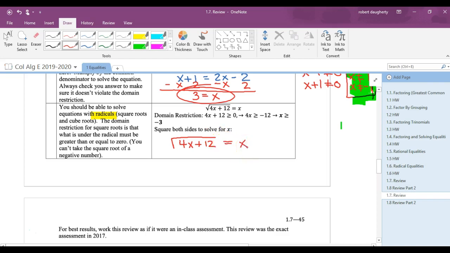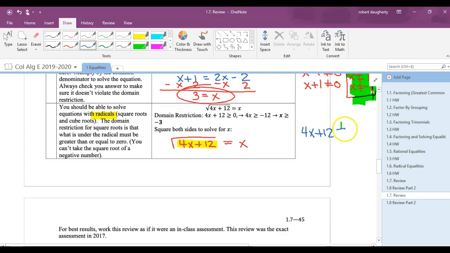Now, you've got a restriction that we're taking a square root. So when I take a square root, I can take square roots of positive numbers. So that means that 4x plus 12 can't be negative. So it can be 0, but it cannot be negative. I can't take the square root of a negative number.